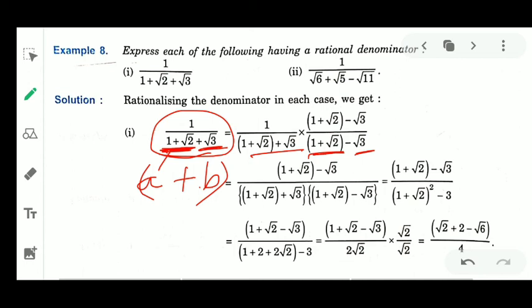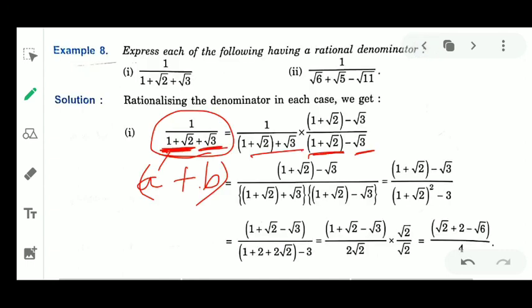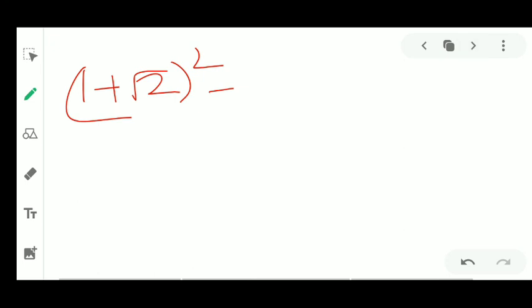So a squared minus b squared, a is what? We have considered a is 1 plus root 2. So a squared minus b squared, b squared is root 3 squared, no? Clear?